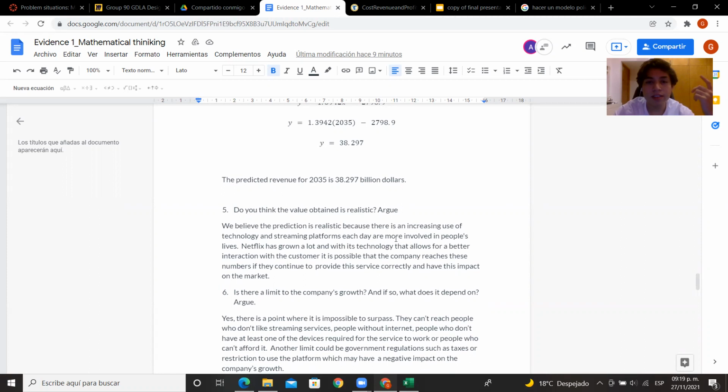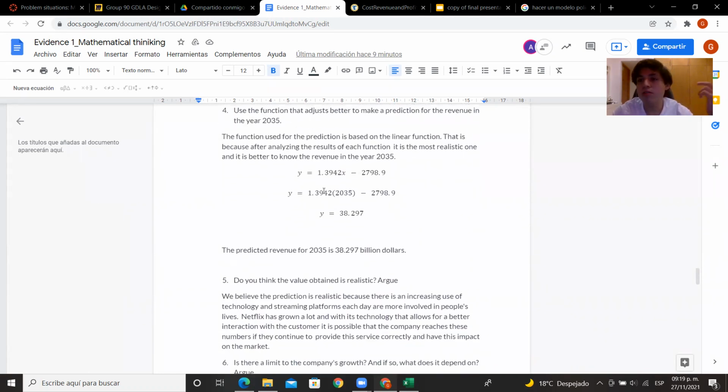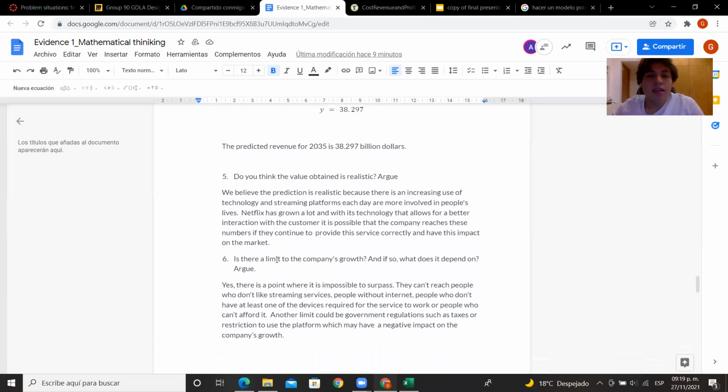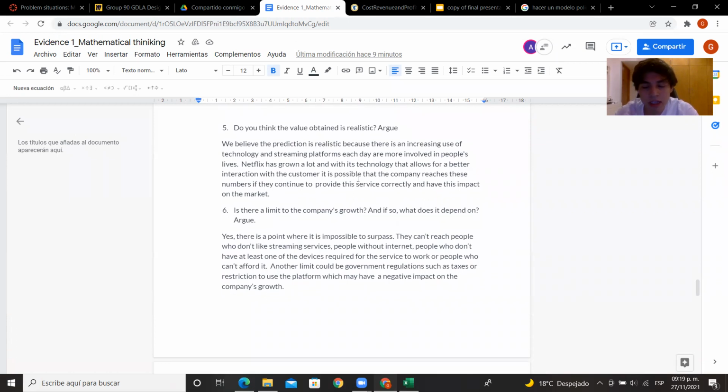It is more realistic with the linear one than with the exponential one or the polynomial one. The linear is the most realistic one, since it is possible. But let's see how things are with Netflix in 2035. But it is possible.